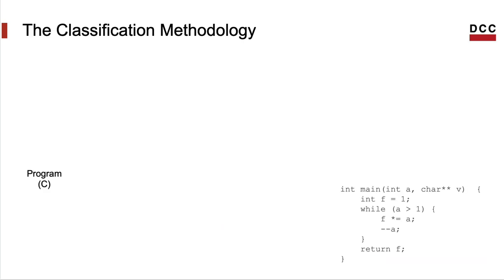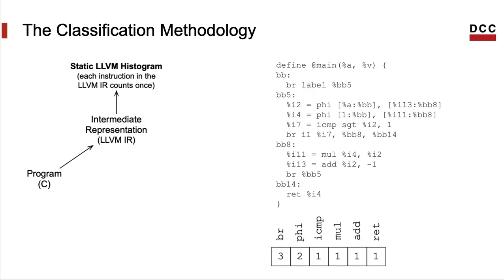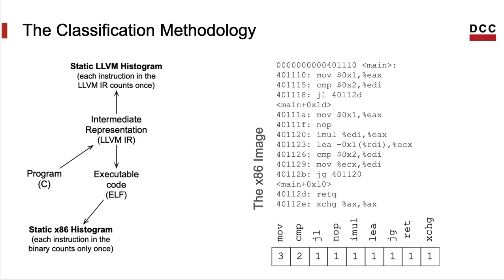So in Rochinol, we can build classifiers in different ways, but regardless of the classifier, it all starts with a program. If we give the classifier a static view of the LLVM IR, then we have a static classifier based on histograms of LLVM instructions. If we give it a static image of the program's executable, then we also have a static classifier, except that it uses histograms of x86 instructions this time.